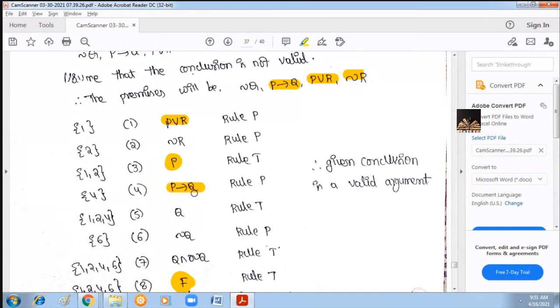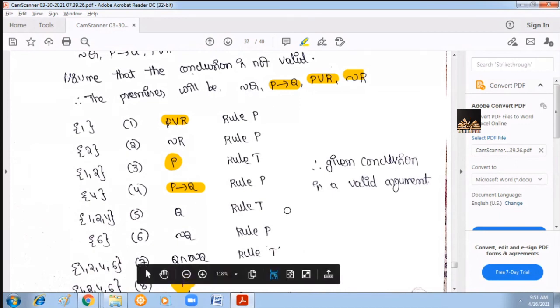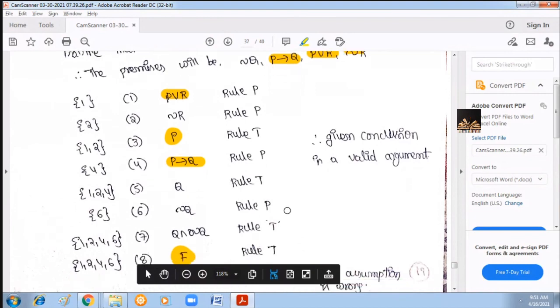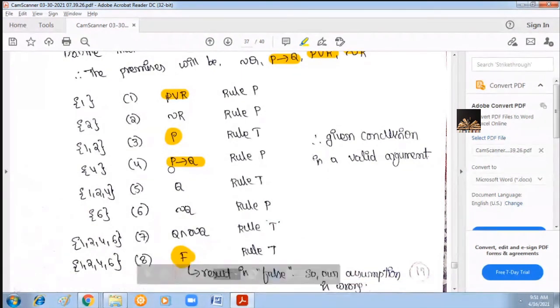This you can convert into negation P or Q. Let me explain in another way.